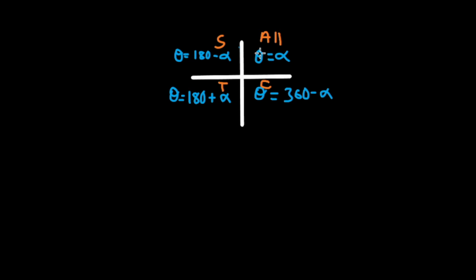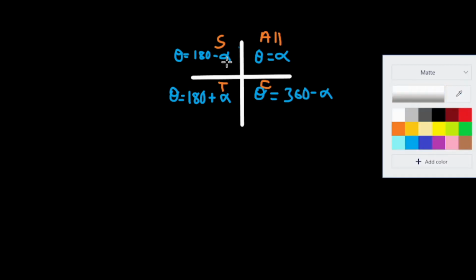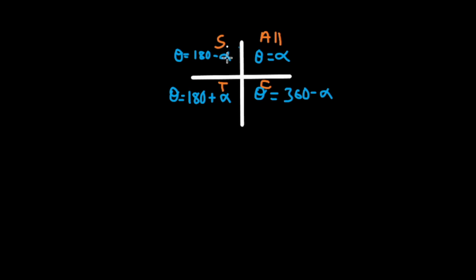So what I have basically is our aid, which we call the quadrants. In the first quadrant, all the values of theta equal the value of alpha, which I'll explain as we solve. In the second quadrant, only sine is positive. That's why we have an S in the second quadrant representing sine.